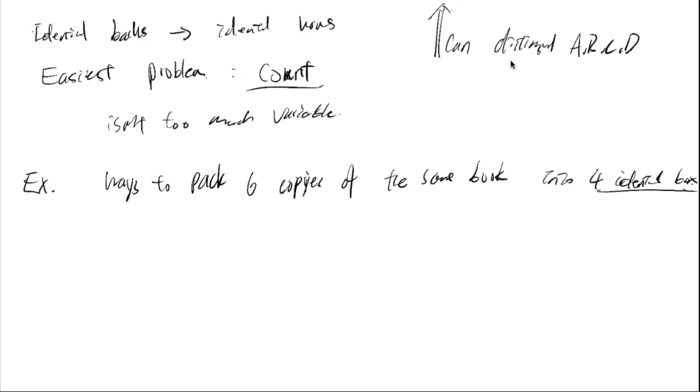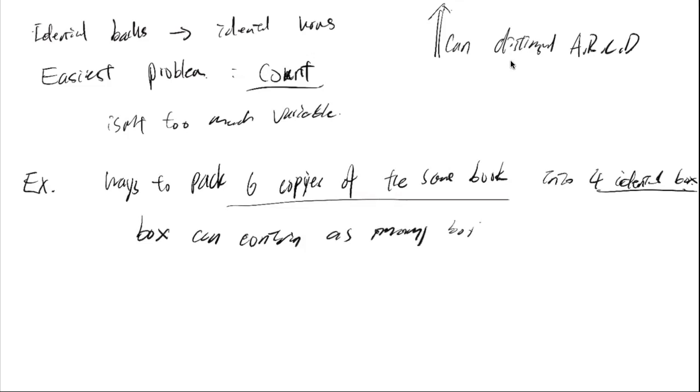So this time the box itself is identical, and each book is the same because they are just copies of each other. And we are allowing that a box can contain as many books as it wants.